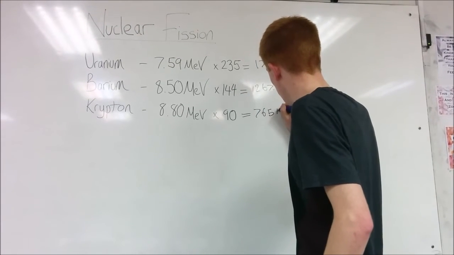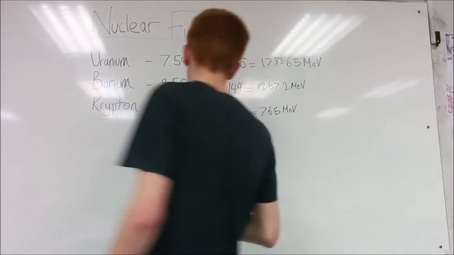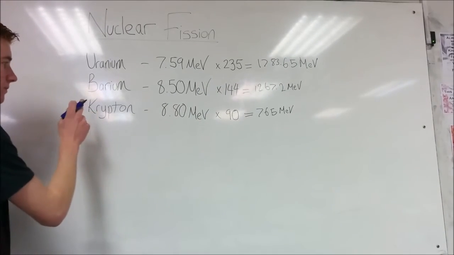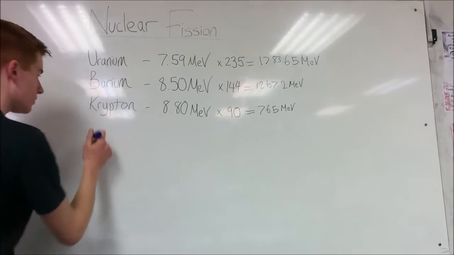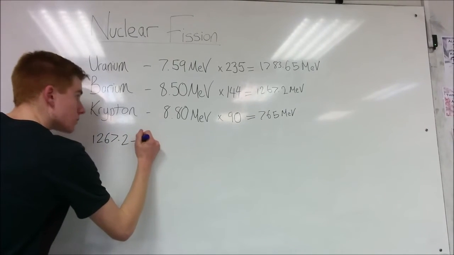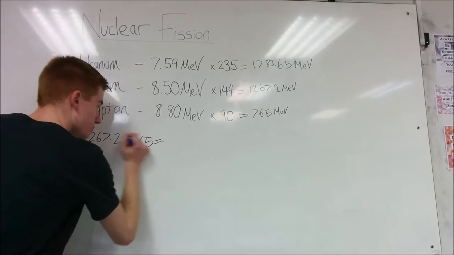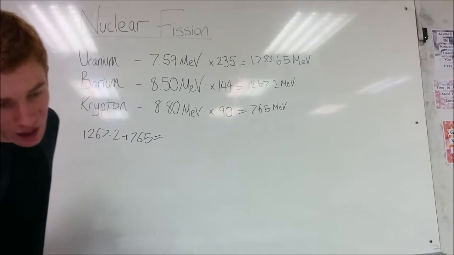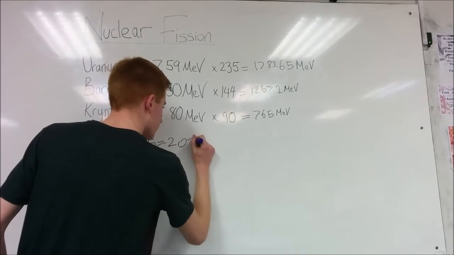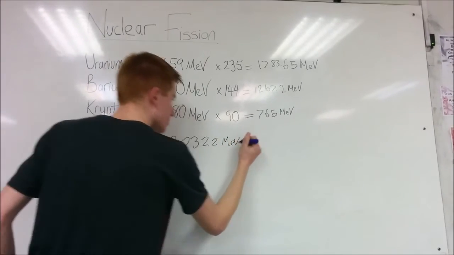And for krypton, we get 765 mega electron volts. To find the difference, we add up the total binding energies of barium and krypton, so 1267.2 plus 765, which comes to 2032.2 mega electron volts.